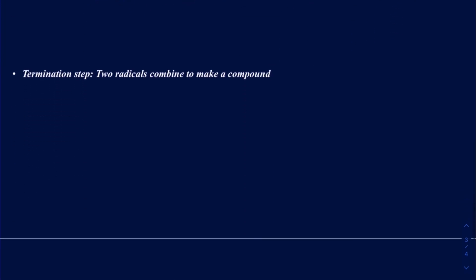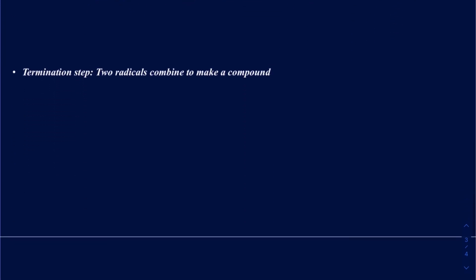Then the last thing you're going to have is your termination step. In the termination step, you're going to have two radicals combining to make a compound. And you can have different types of termination steps. So you can have two bromine radicals coming together to make a compound.